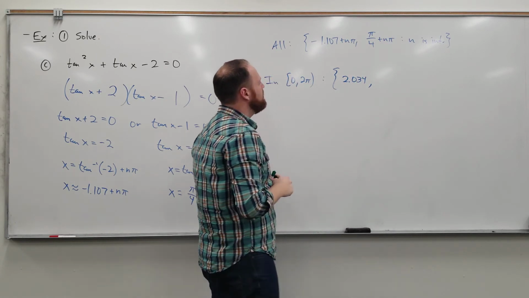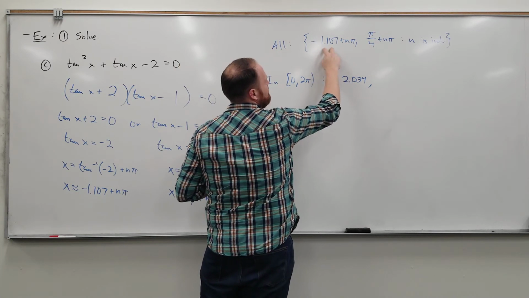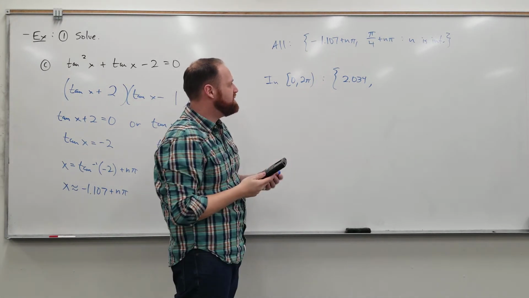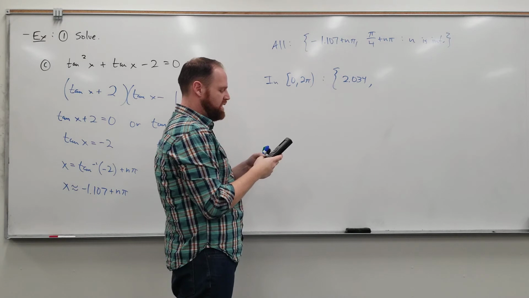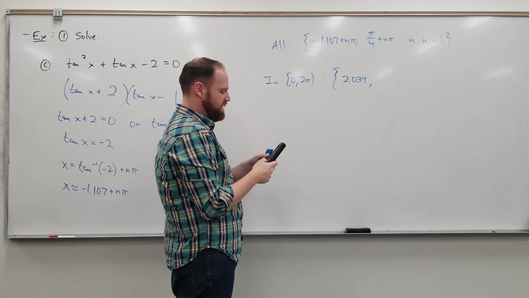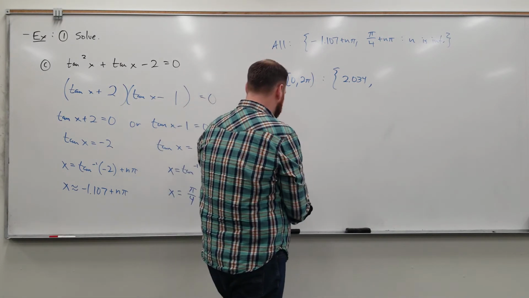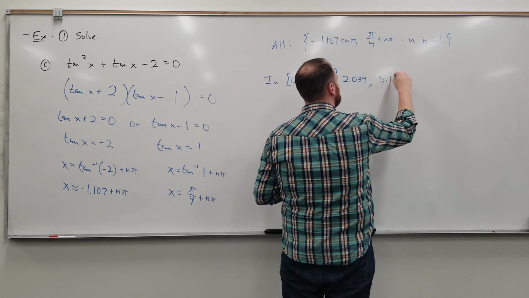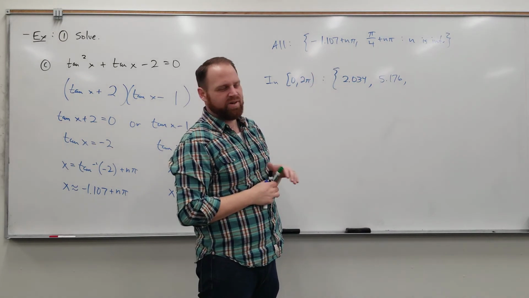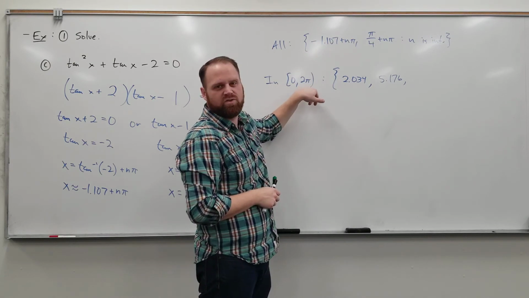If I plug in 2, I'm going to get 2 pi minus some stuff. That'll still be less than 2 pi, right? It'll be inside the interval. So I'm going to say this thing plus 2 pi, that's about 5.176. If I plug in 3 for n, I think I'm too big now, right? 3 pi minus 1.107, that's going to be bigger than 2 pi, okay?